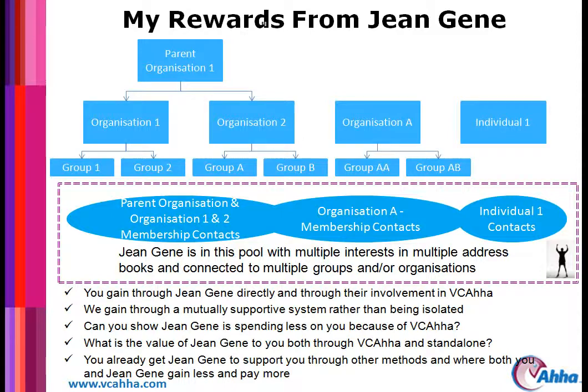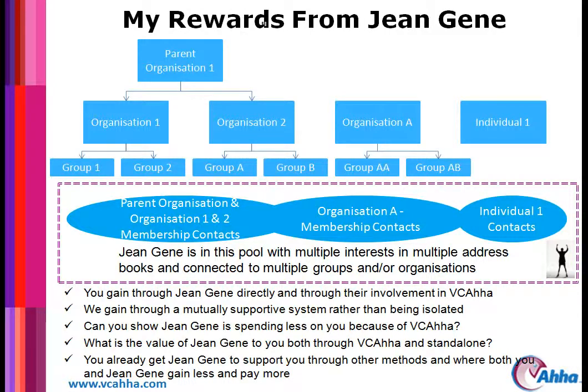Whether she has an account or not, this is the conversation we're having before, you're all marketing and engaging and seeking funds from Gene. And Gene is deciding who she wants to engage with, who she wants to support, and whether she wants to be a member or not. And Gene has multiple interests. She's in multiple address books, and she is connected to multiple groups and or organizations.